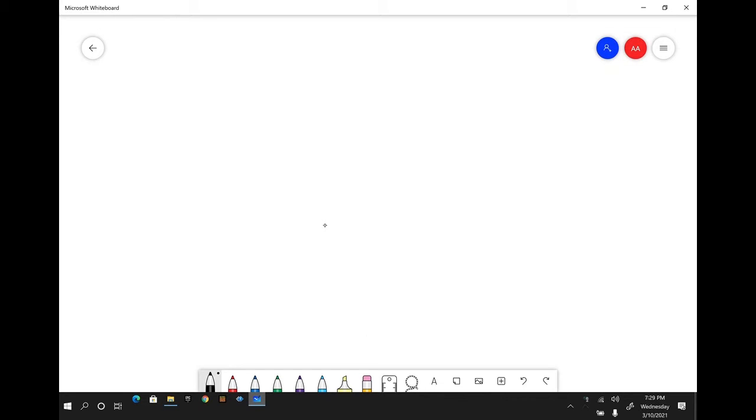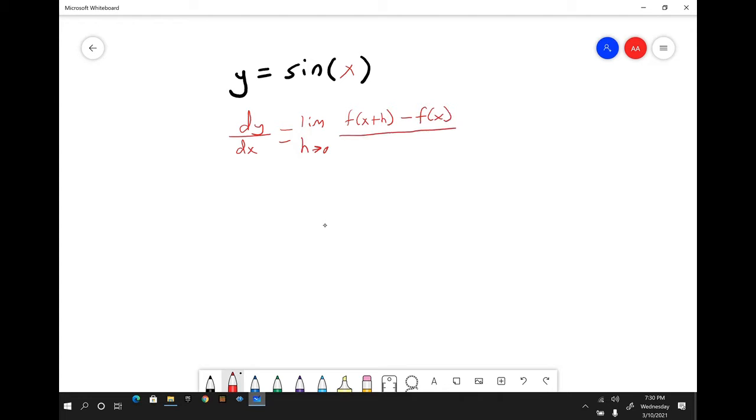Alright, to start things off, let's say that we have a function y is equal to the sine of x. Now, using our derivative equation that we have from before, let me just write it. We have dy over dx is equal to the limit as h goes to 0 of f of x plus h minus f of x, all divided by h.